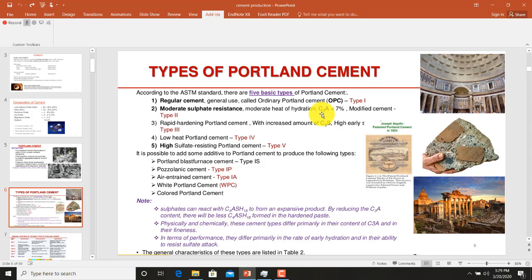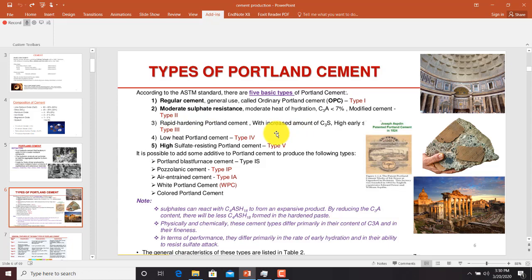So when the concrete is hardened and the delayed ettringite formation occurs, it might create a lot of cracks in the cement paste matrix and almost destroy the concrete. So in regions where you have a lot of chance of sulfate attack, you restrict the amount of tricalcium aluminate. So type 2 cement is a moderate sulfate resistant cement.